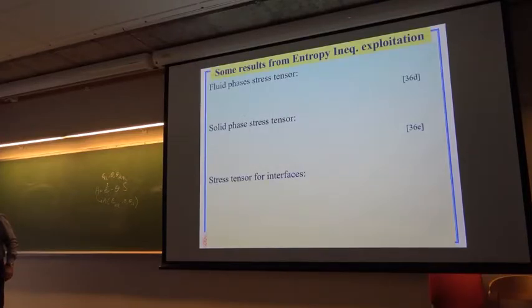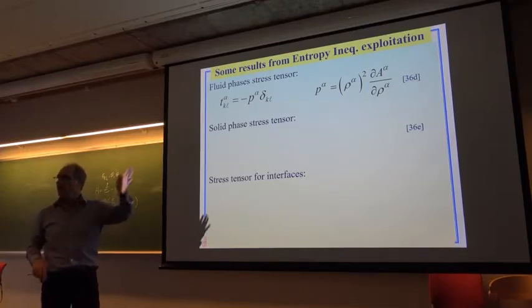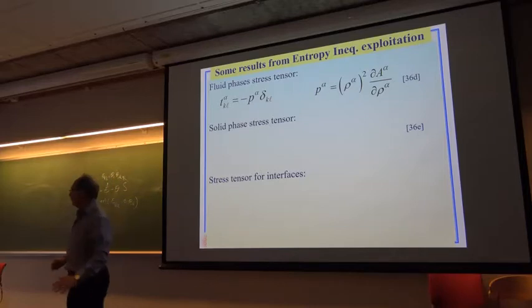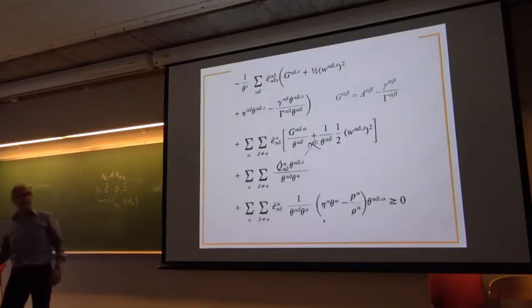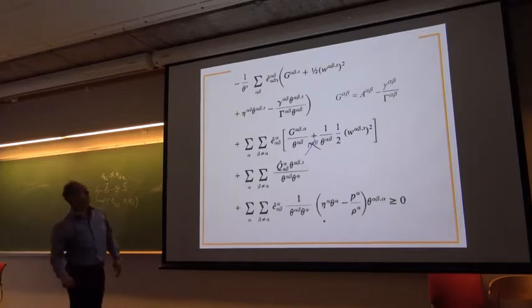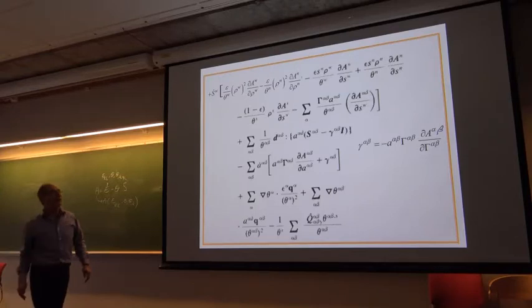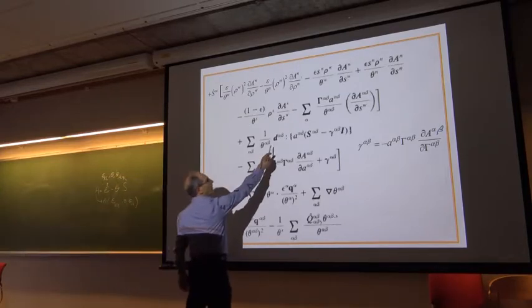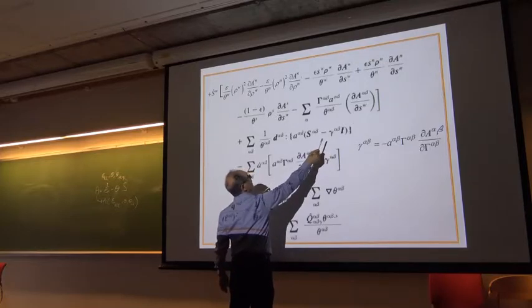So here are some results. The results come from the fact that a lot of the terms you are seeing there are multiplying variables that appear linearly in the entropy inequality, and therefore their coefficient must be identically zero.